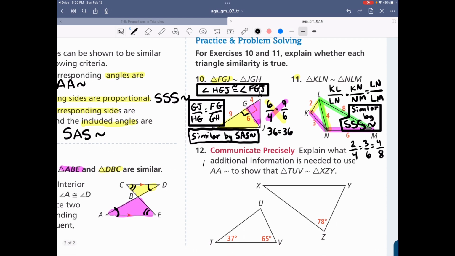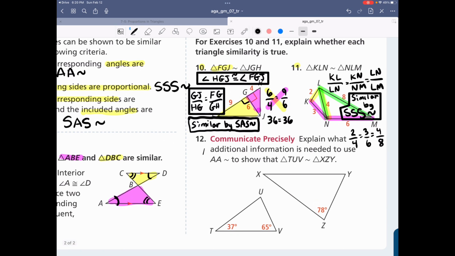Okay. Number 12. Explain what additional information is needed to use angle-angle similarity to show that triangle TUV is similar to triangle XZY. Well, if I add 37 and 65, I get 102 degrees, which means that this angle, if I do 180 minus 102, I get 78 degrees.